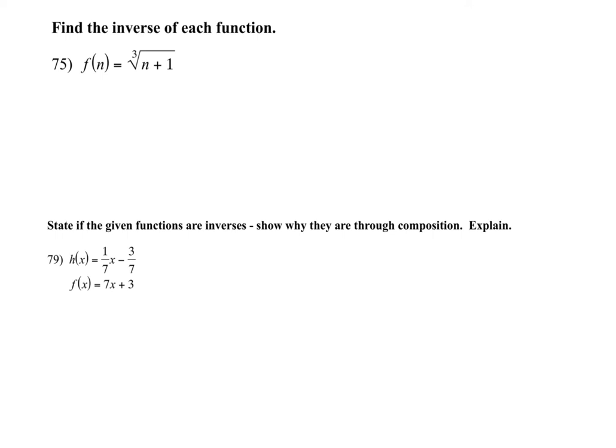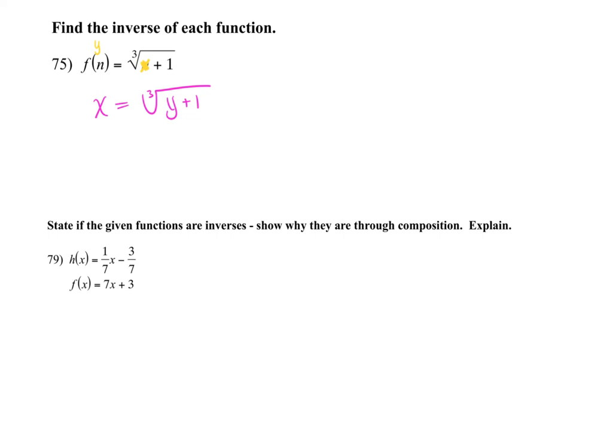Finding the inverse, I actually made sure on your test it was only x's, by the way, not n's. So the first thing is to switch your x and y. This technically represents y, that technically represents x. So your test will only have x's. It will not have crazy variables because I don't like them. So switch x and y means make this your x, make this your y, and then solve for y.